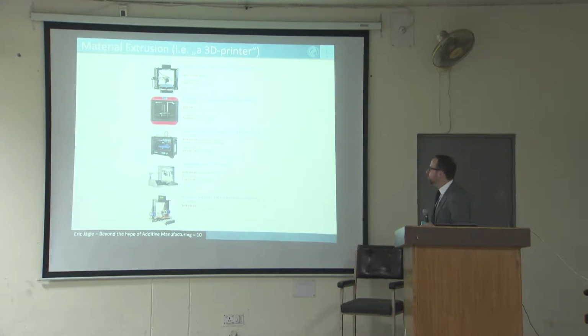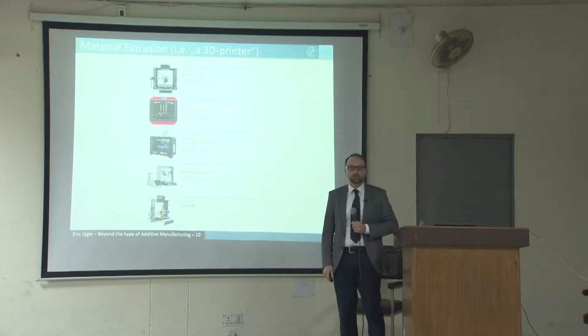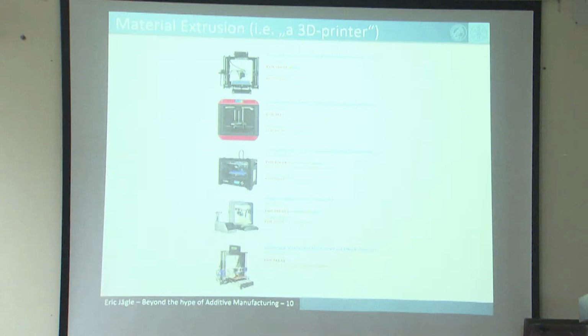So if you go to amazon.de and type in a 3D printer, basically the first 5 pages that you will see all work according to this principle. Yeah? And the cheap ones here cost 250 to 300 euro. If you go to aliexpress.com, you can find them even cheaper.